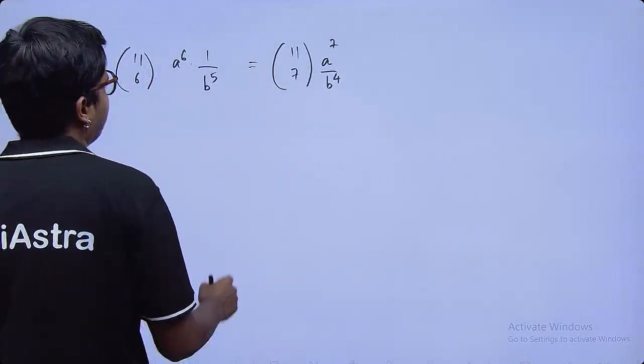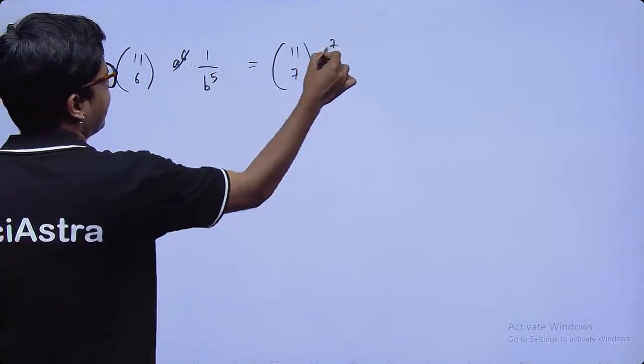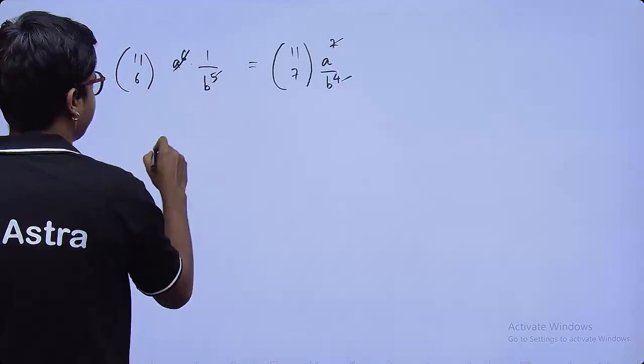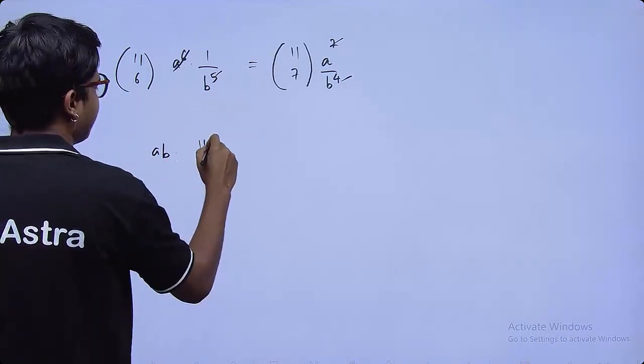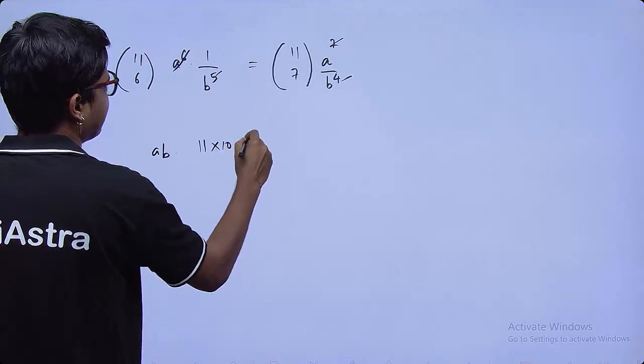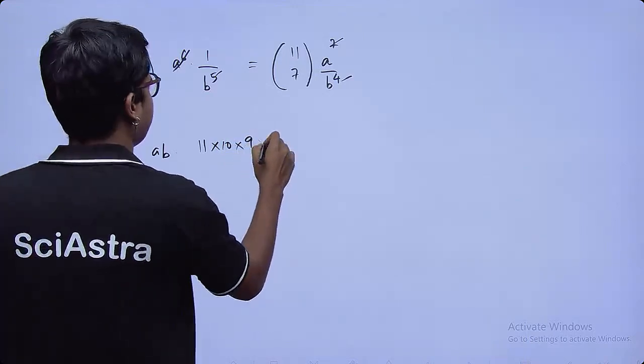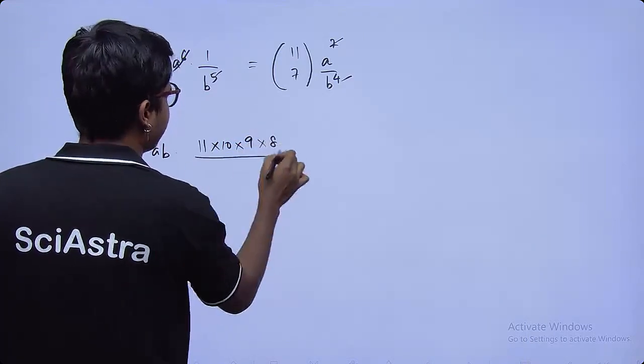Okay. Now, you get an a from here, there's a b from here, which means ab is nothing but, so ab times 11 choose 7 is what? 11 factorial. So 11, 10, 9 and 8, 7 factorial cancels out, divided by 4 factorial.